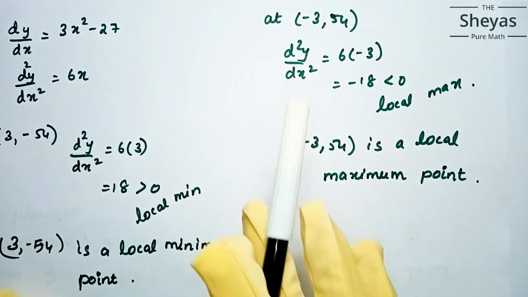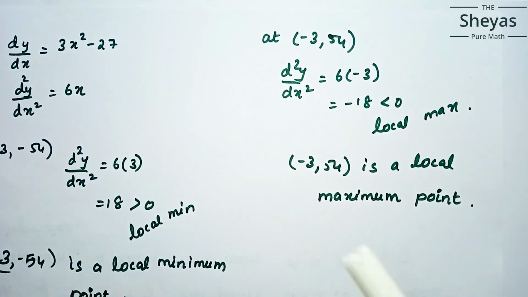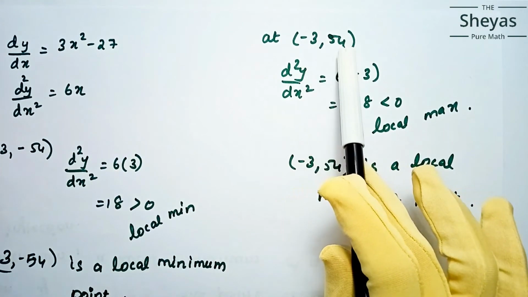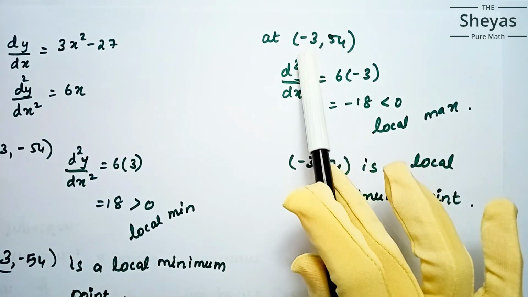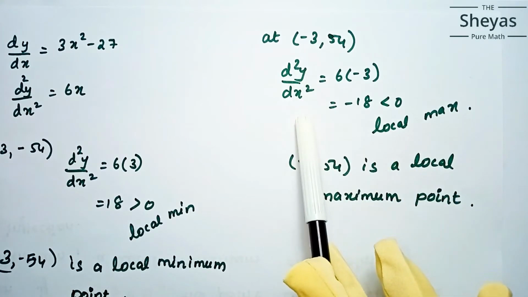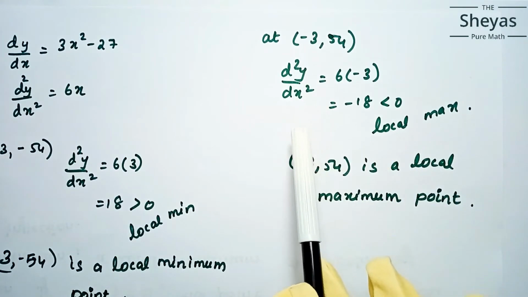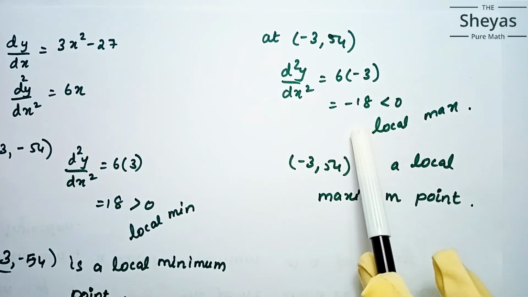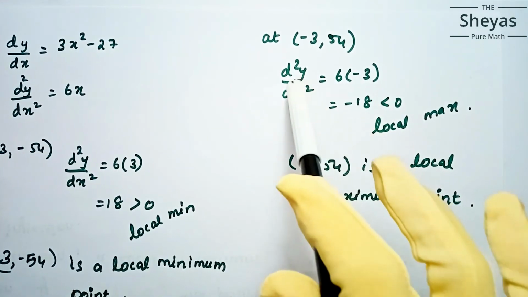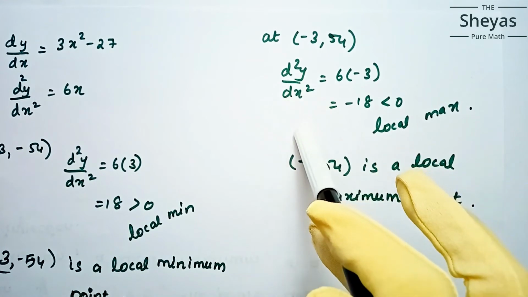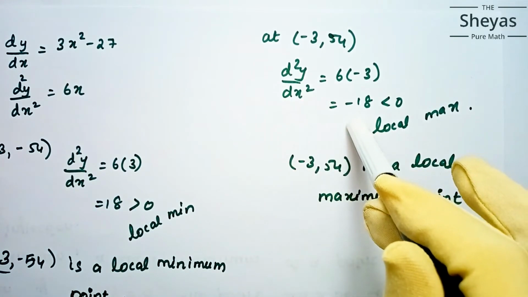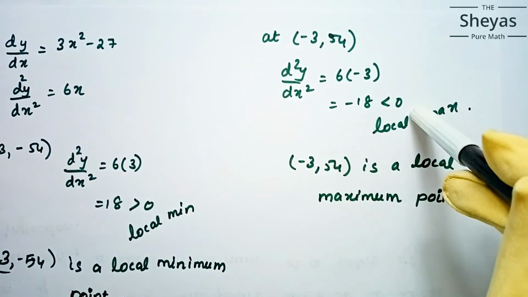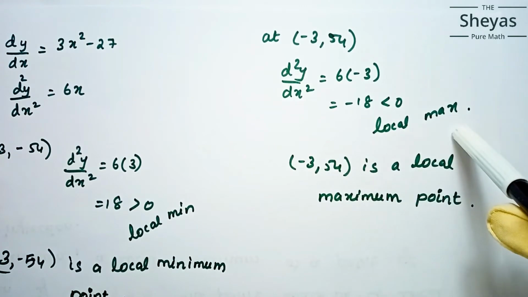And the same way, we have one more stationary point, minus 3 comma 54. We again substitute that in the second derivative to confirm the nature of the stationary point. When you substitute x is equal to minus 3, you will get minus 18, which is less than 0, and that is a local maximum.